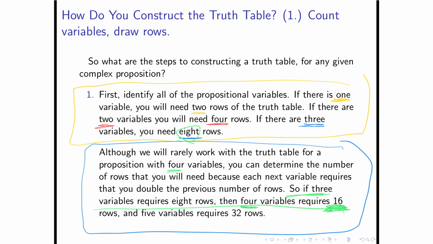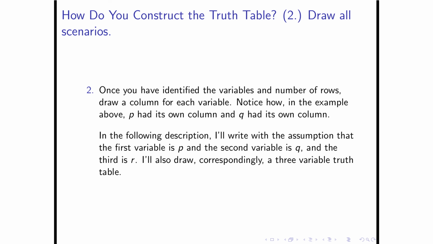And when you have 5 variables, you need twice that. So twice 16 is 32.